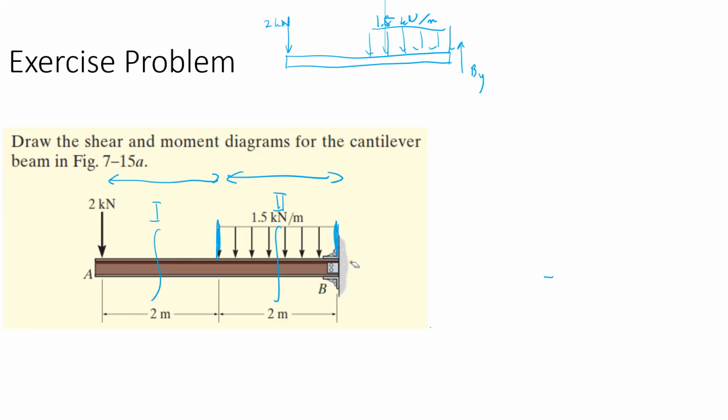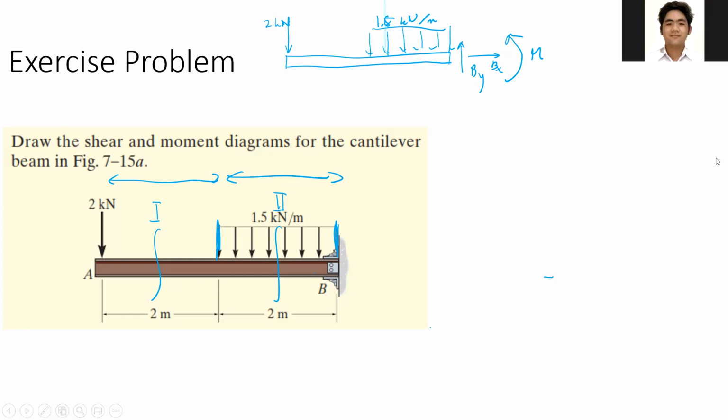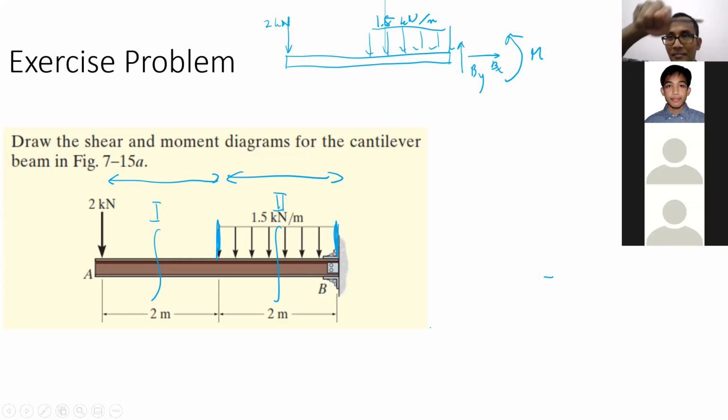Okay, for fixed joint, it will give you the horizontal force, vertical force, but at the same time, it will give you moment as well, Zafran. Because when we talk about fixed joint, cantilever like that, it's like you clamp it.